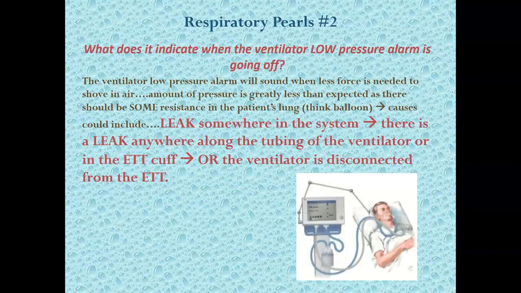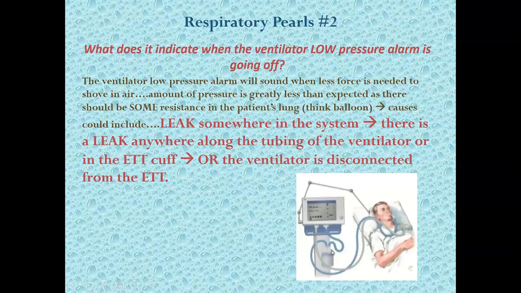Well, if there's a high pressure alarm, there's a low pressure alarm. So if a high pressure alarm means there's more resistance, a low pressure alarm means there's less resistance. What would cause there to be less resistance in the circuit? Remember, this is all about within the ventilator circuit.